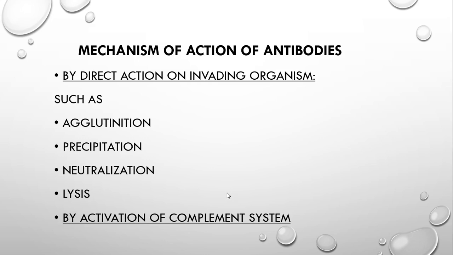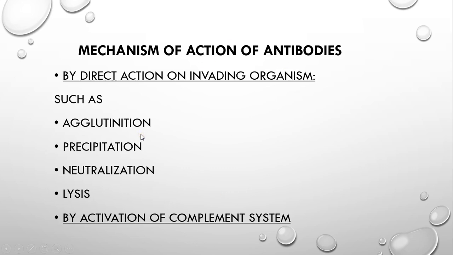How do the antibodies act during infection? Either they have the direct action on the invading organisms, or they activate another system of the proteins, which is known as the complement system. The direct action on invading organisms occurs by agglutination, precipitation, neutralization, and lysis.